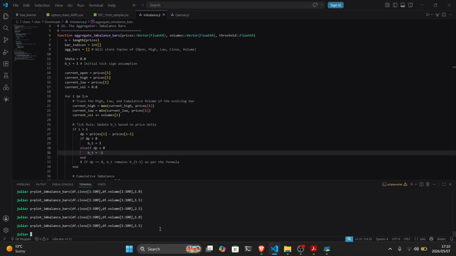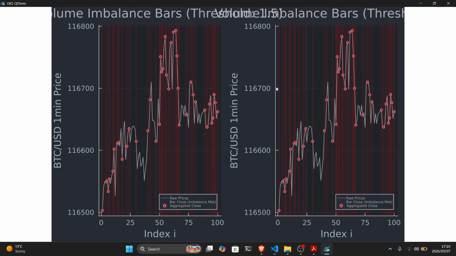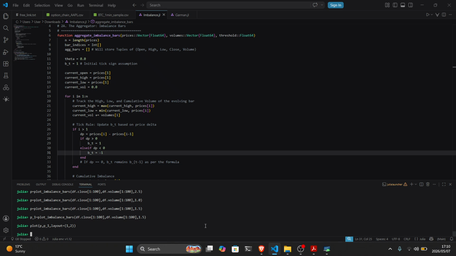Okay, let me plot them side by side actually. Wait, this is the wrong frame.